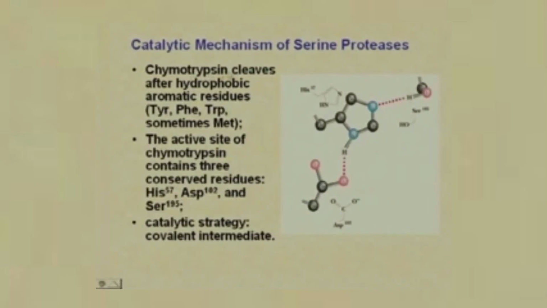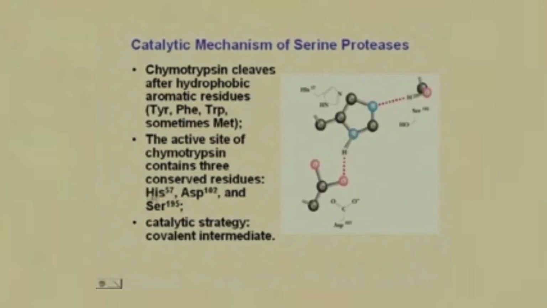Again, chymotrypsin cleaves after hydrophobic aromatic residues, usually tyrosine, phenylalanine and tryptophan, and sometimes methionine. The active site of chymotrypsin contains three conserved residues. It means it contains these three residues. Conserved means it is the same for practically all species.